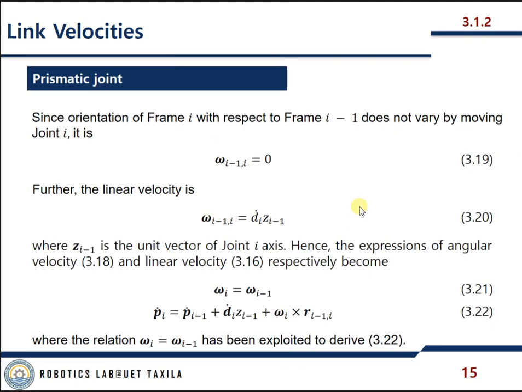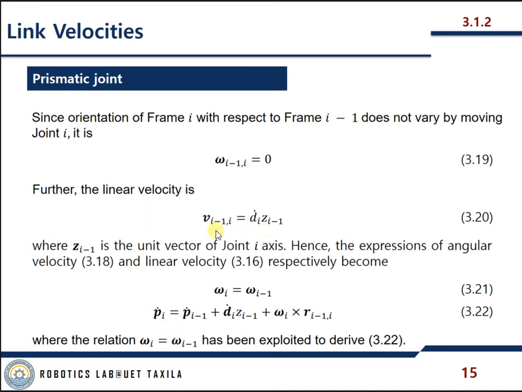For a prismatic joint, since the orientation of frame I with respect to frame I minus 1 does not vary by moving joint I, omega I minus 1 comma I is going to be equal to 0.